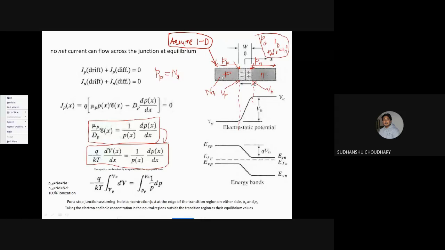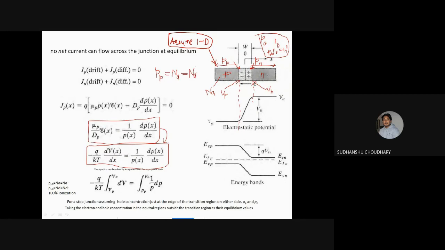So the equilibrium hole concentration in a p-type semiconductor will be equal to the acceptor concentration, considering all acceptor impurities have ionized.